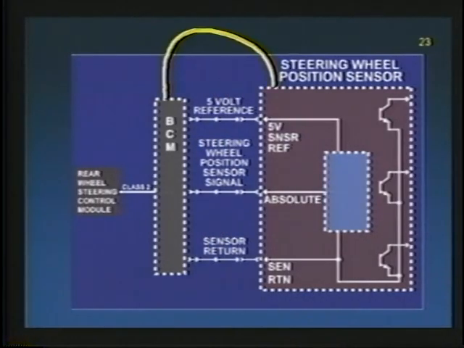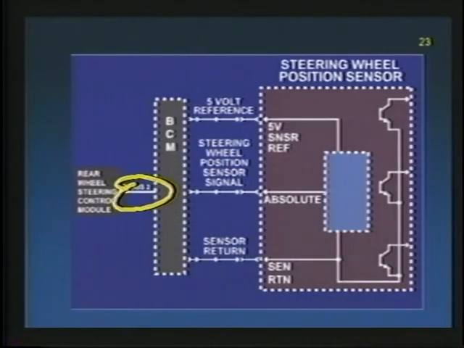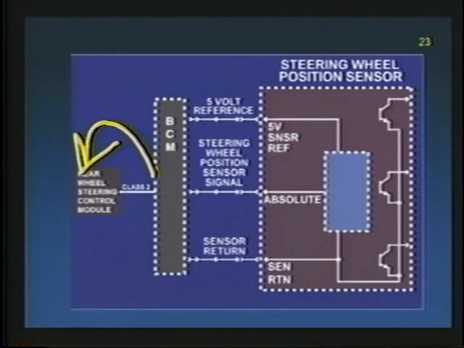The steering wheel position sensor reports to the BCM, body control module, where the analog signal reports to. Now, the body control module takes that analog information and basically just passes it on. Check this out. Right here, you see class 2. It goes from the BCM to the rear wheel steer. So the rear steering control module is using analog information, but it just takes a stop before it gets there, if you will. Okay. Let's take a look at our next graphic.